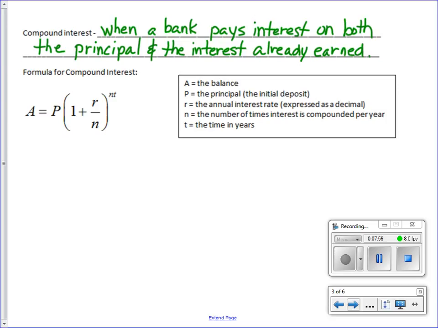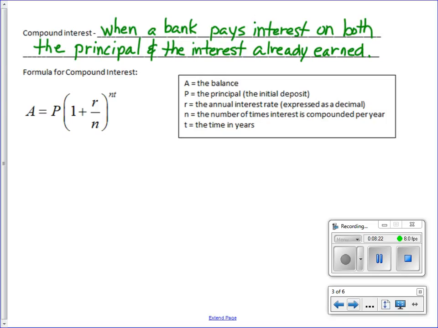Okay, and the formula for compound interest is A equals P times the quantity 1 plus R divided by N, and the quantity is taken to the power of N times T. Now you'll see in the box I have described what each of these variables represents.